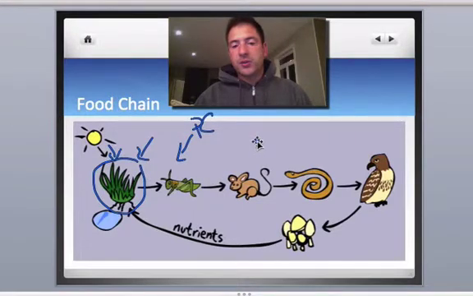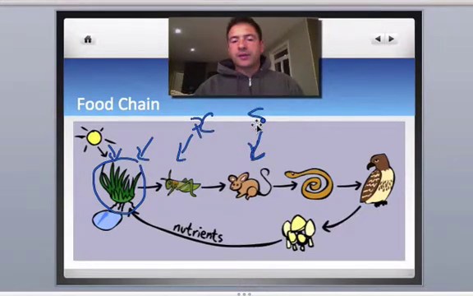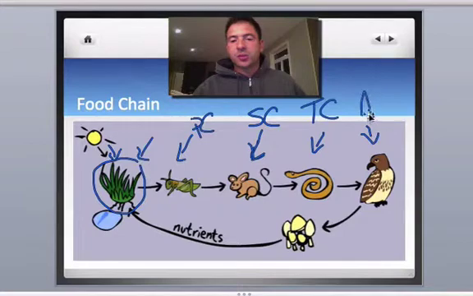Then the mouse is going to eat the grasshopper, and we'll call that the secondary consumer. Now we get to the tertiary consumer, which is the snake, eating the secondary consumer. Then we go over to what we'll call in this case the apex consumer, and it's not going to get eaten.